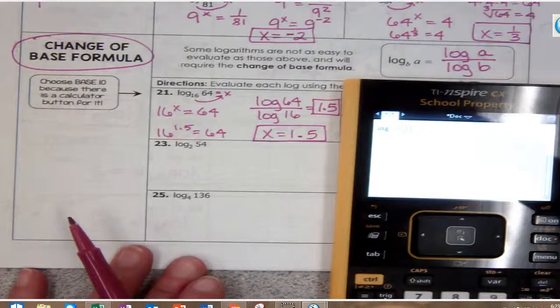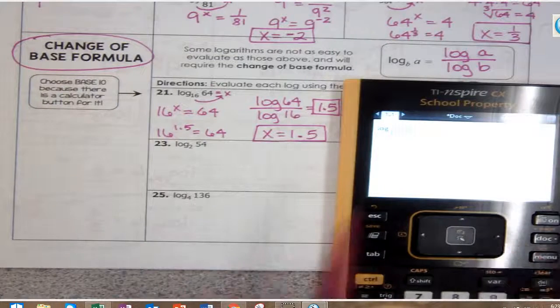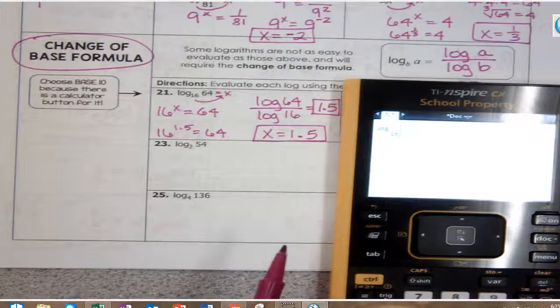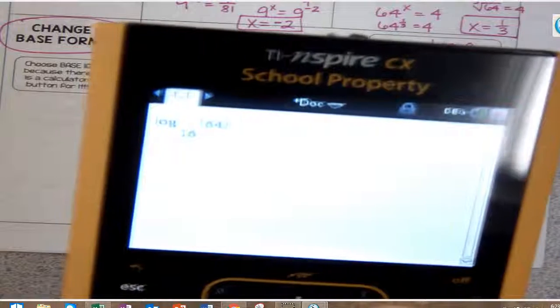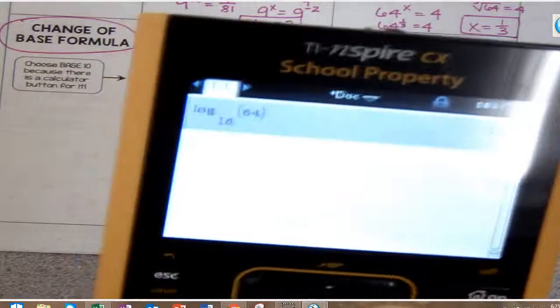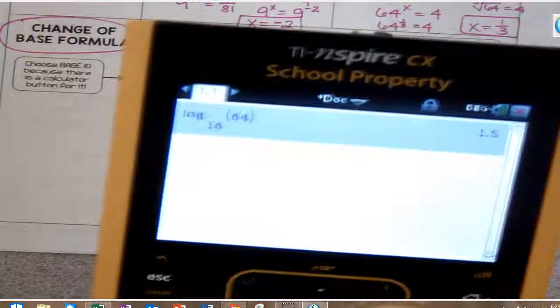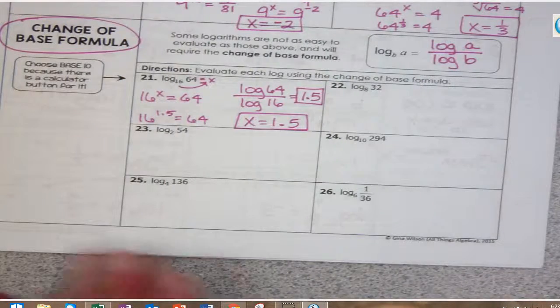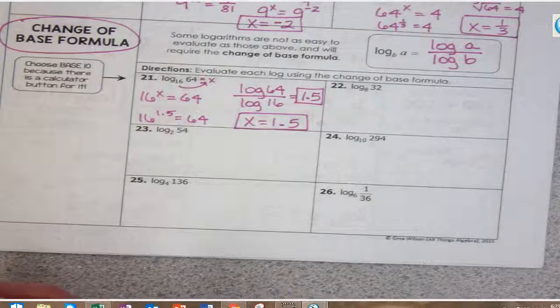I don't know if you can see that because of the glare. Sorry. So I can type in 16 as my base and 64 as my argument, can you see that? Oh, there you go. And then press enter, and I'm going to get 1.5. So these Inspires will do your change of base formula for you.